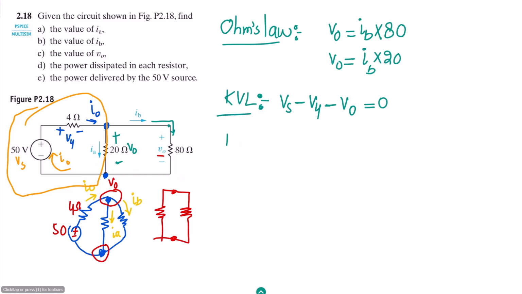And the third one here is the KCL. We are going to see here the KCL as well. This is the I0. So I0 is going towards this node and splitting into 2 parts, IA and IB. So here this I0 is equal to IA plus IB, and that is Kirchhoff's current law equation.